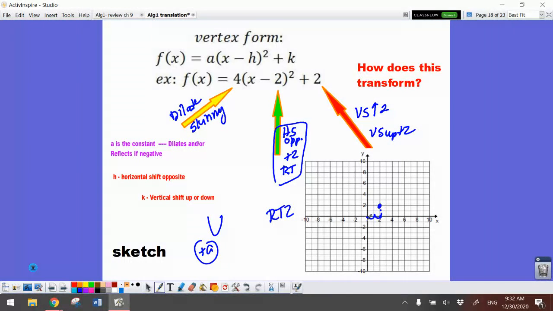So my vertex has moved from 0, 0 to 2, 2. And I know that I'm skinny, and I'm a smile, and I'm done. Okay, I'm done. We obviously know how to find all the other characteristics, but for our purposes, when we're talking about transformations, we're usually using vertex form, and we're just pulling what are the basic meanings of the numbers there.